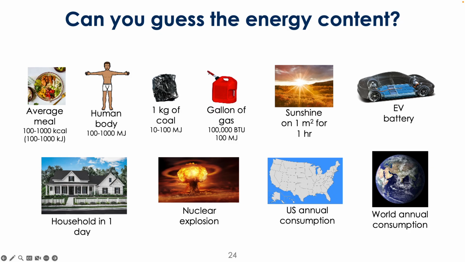If I had 1 meter squared and you had sun shining on that area of land for 1 hour, how much energy is hitting the ground? What do you guys think? 1 kilowatt hour? Okay, so that would be 3.6 times 10 to the 6th joules. So you're saying about 1 million to 10 million joules.